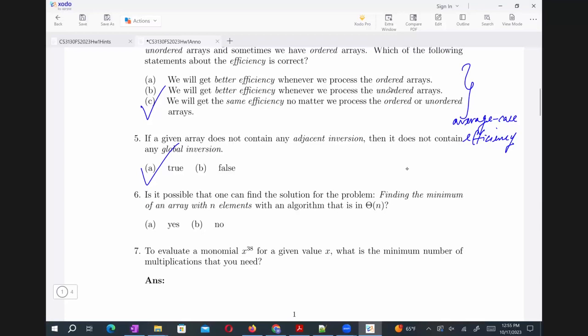So this condition implies that the array is ordered. Otherwise, we would have at least one adjacent inversion. If it's not ordered, we have to have at least one adjacent inversion. But if the array is ordered, then it implies no global inversion.